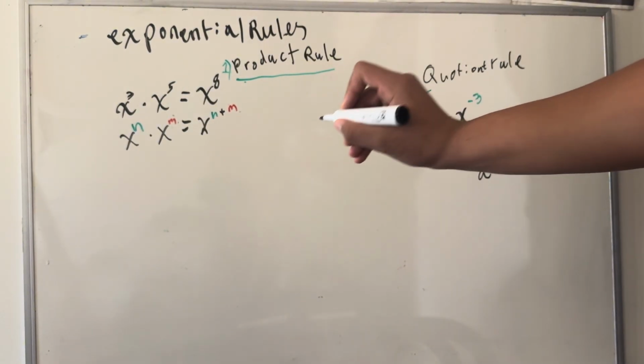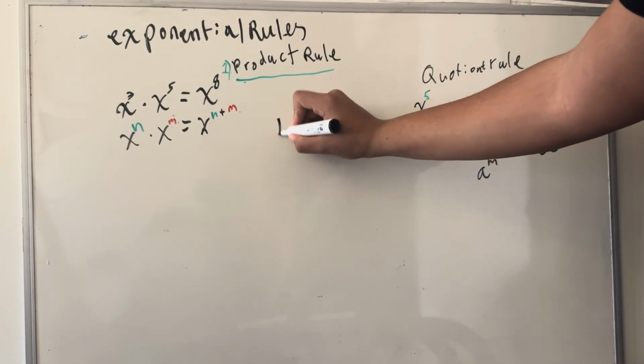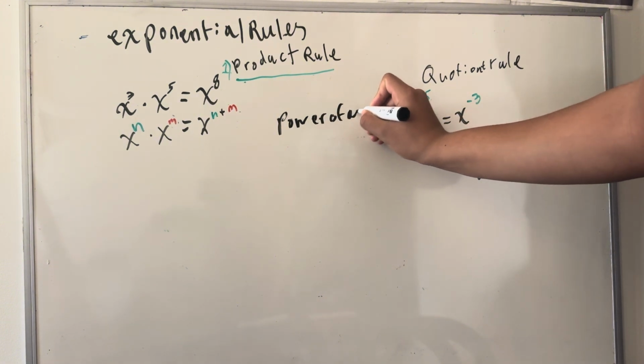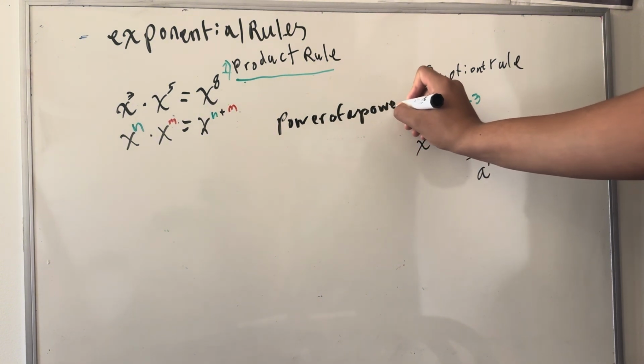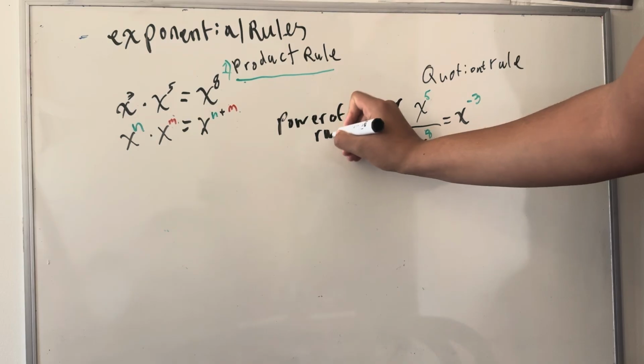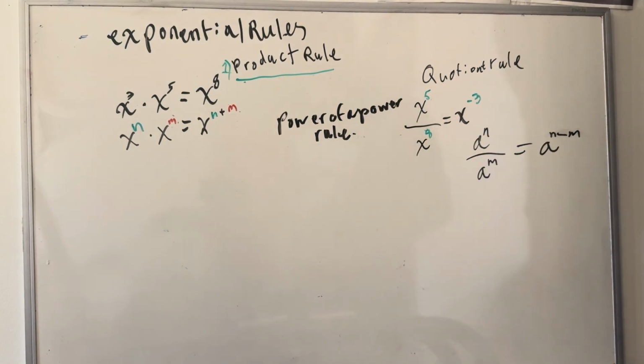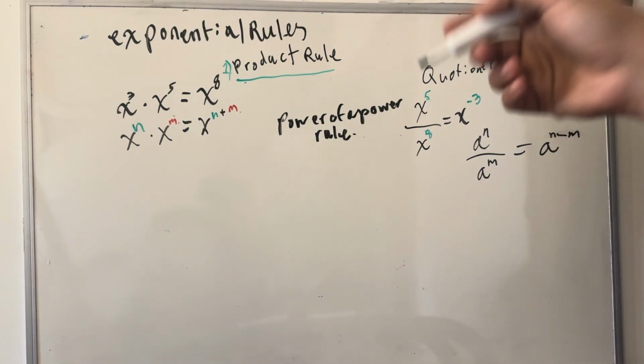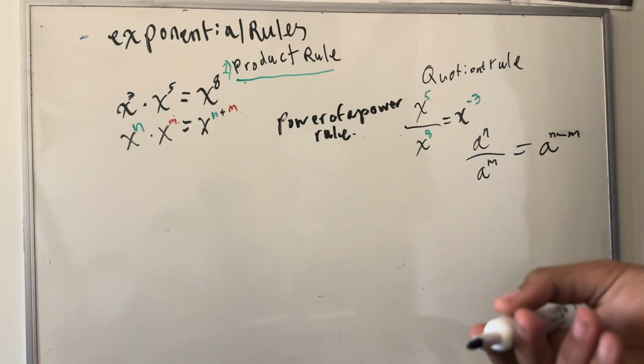Now this one is one you maybe haven't seen. It's called the power of a power rule. What this essentially states is when you raise a power to a power, you multiply exponents.